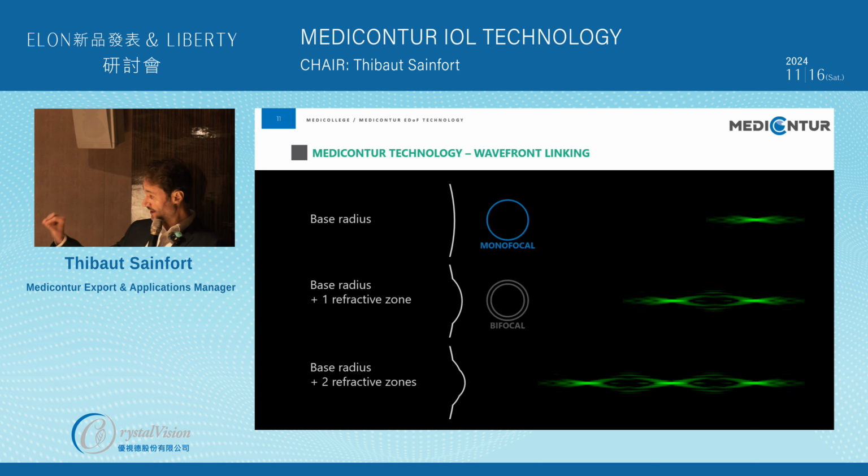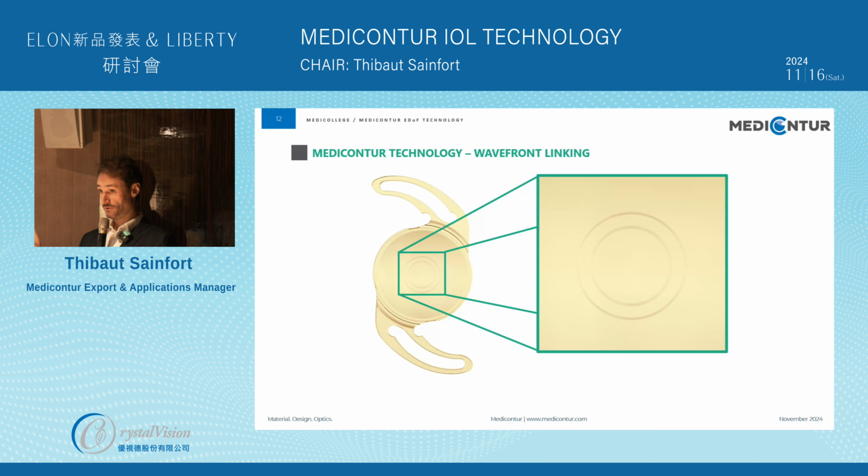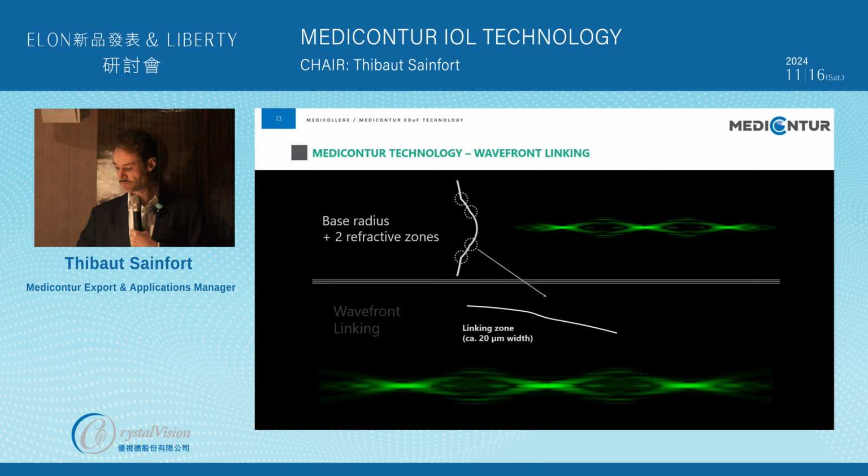And if on this same double refractive you add a third refractive zone, you will have a trifocal refractive lens with 3 focal points. At first, this is what we designed on the ELON IOL. You can see there are 3 distinct refractive zones, which are located in the 2 mm central part of the lens.